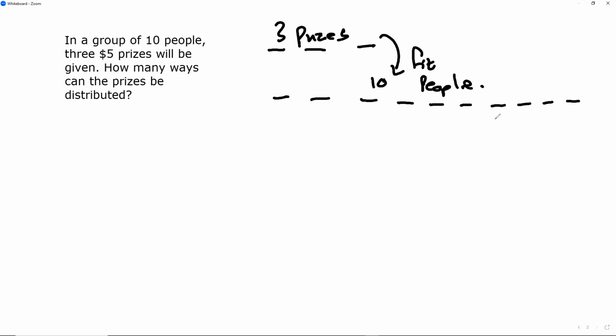And in this way, if we do it like previously, for the first prize there are 10 options. So if we go back to the previous idea where we have a person in each case, I'm just going to get creative and draw this quickly. I've got these 10 people, and there are 10 ways of getting the first prize.